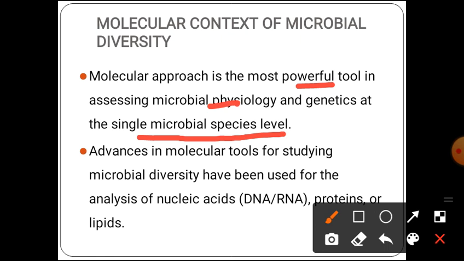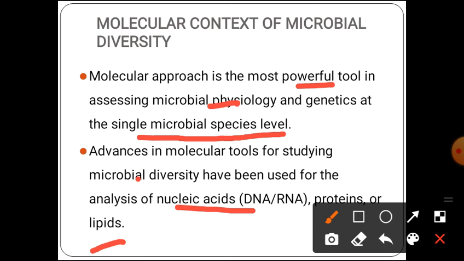The molecular approach relates to nucleic acids, which can vary from cell to cell or species to species. Advances in molecular tools for studying microbial diversity have been used for the analysis of nucleic acids, proteins and lipids. As I have previously said, the DNA sequence is very specific for a single cell.